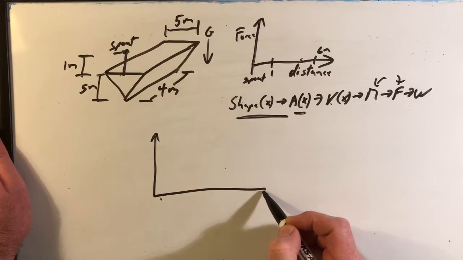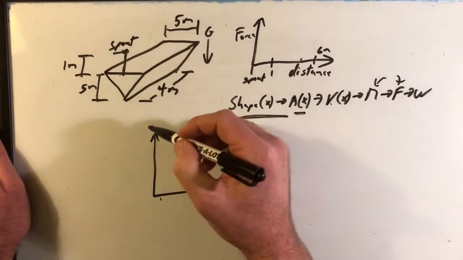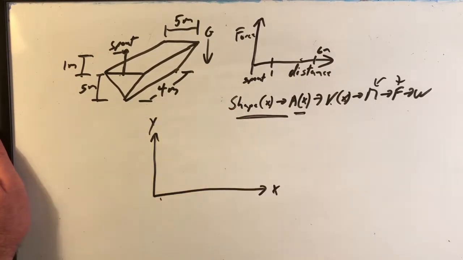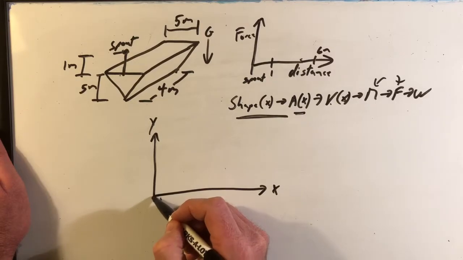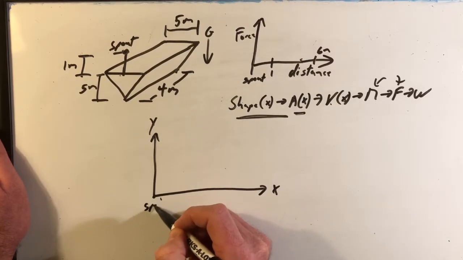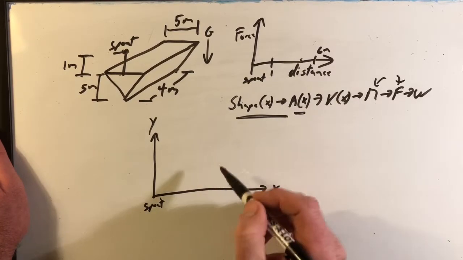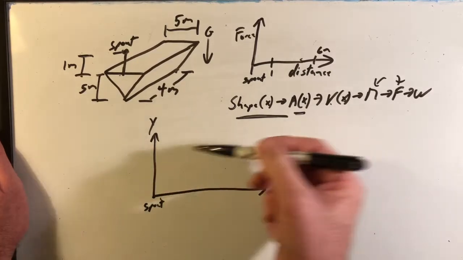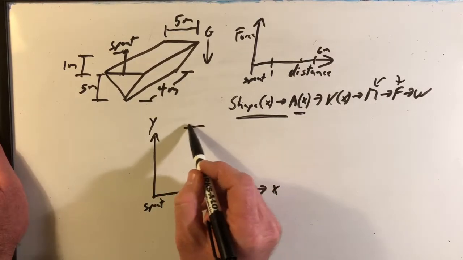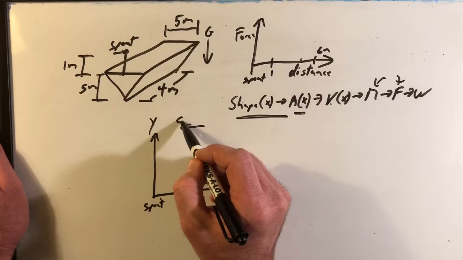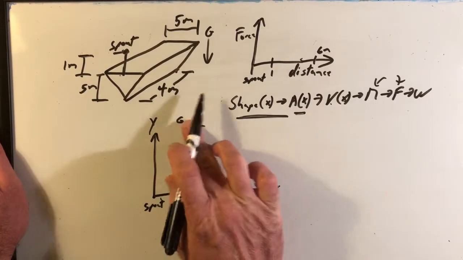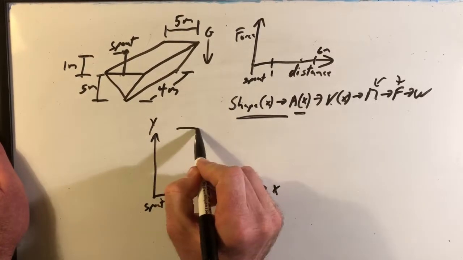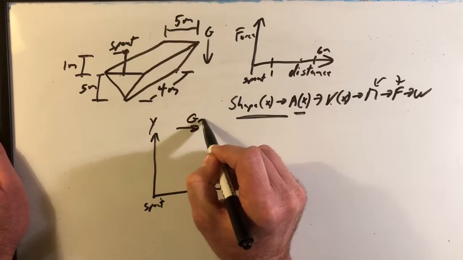Well, if we turn everything on its side, and we have our x-axis and our y-axis here, we'll say the spout is here at the origin. And we'll say gravity is this way. Or actually, it's pulling this way. G, gravity.